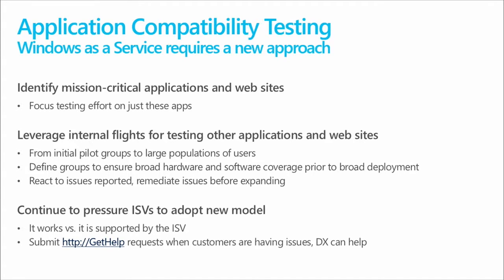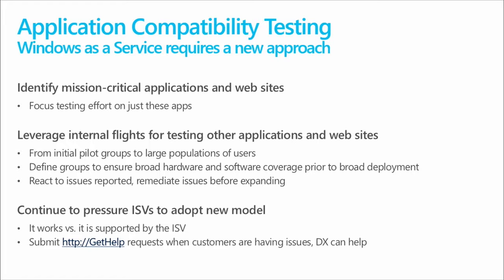In terms of application compatibility testing, I think we're going to need to think about ways that we need to change our approaches there. Yeah, we need to get to a point where organizations are comfortable enough that we're not going to break things, so that they can focus their testing just on truly mission critical items.